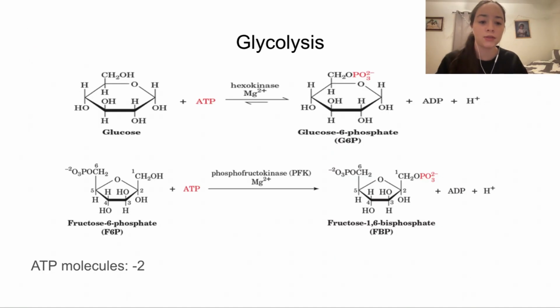So step one of glycolysis uses up the first ATP molecule when it converts glucose into G6P with the help of the enzyme hexokinase. Then step three of glycolysis turns F6P into FBP with the help of phosphofructokinase, and that uses up the second ATP molecule, so we're left with -2 ATP molecules in the process.